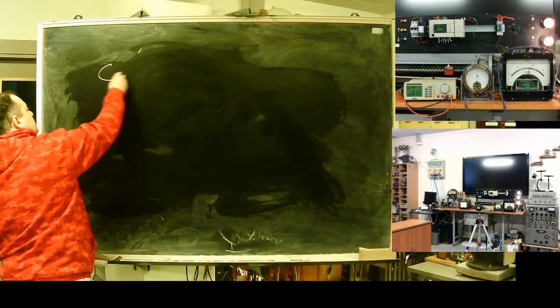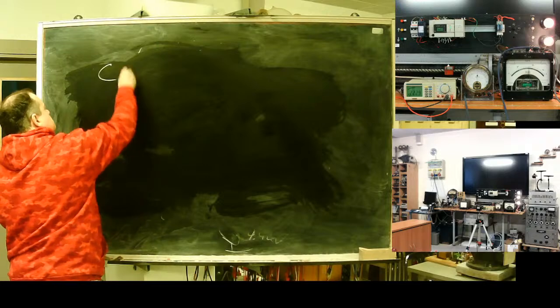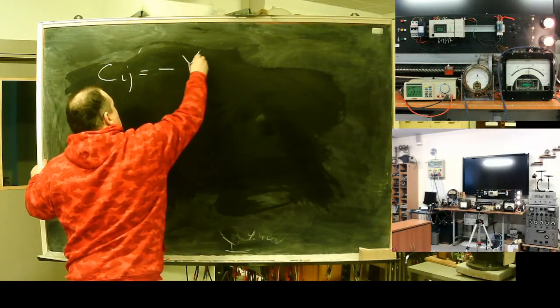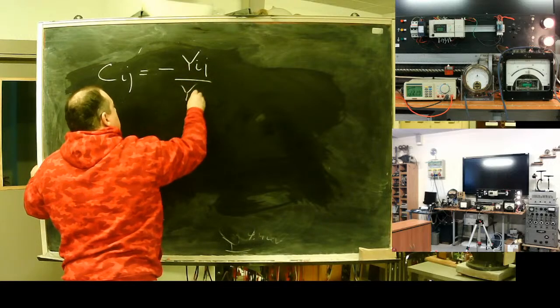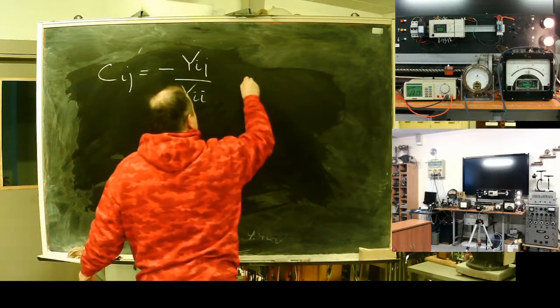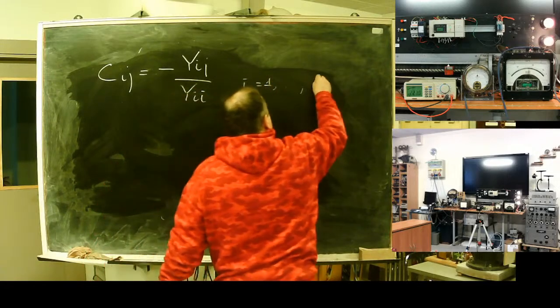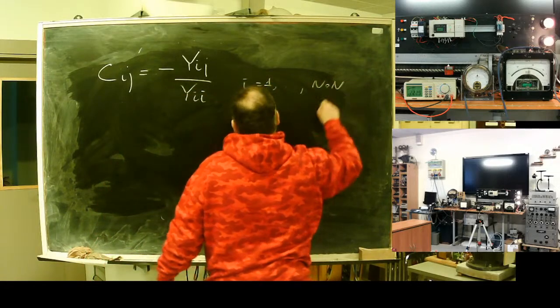So it should be minus the residual divided by the diagonal element for each I, from 1 to the number of nodes.